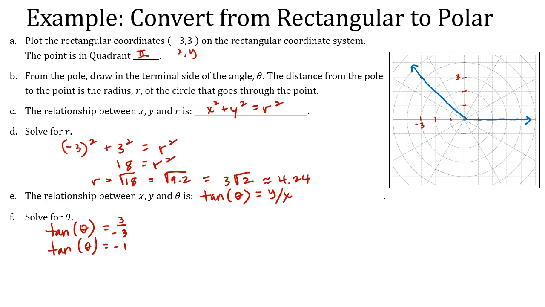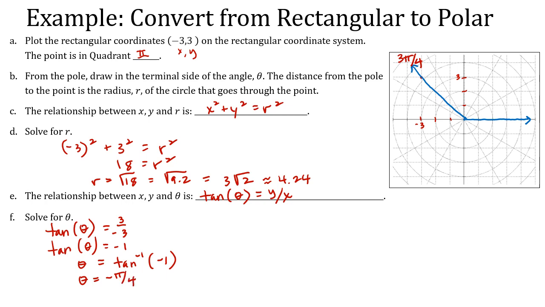Now, if you think about this in terms of, okay, I need an angle that's in the second quadrant that gives me a tangent of -1, I think you'll come up with it no problem. I think that you'll see that that angle measure is 3 pi over 4. But if you simply put into your calculator inverse tangent of -1, the calculator is going to produce for you the angle measure of -pi over 4.